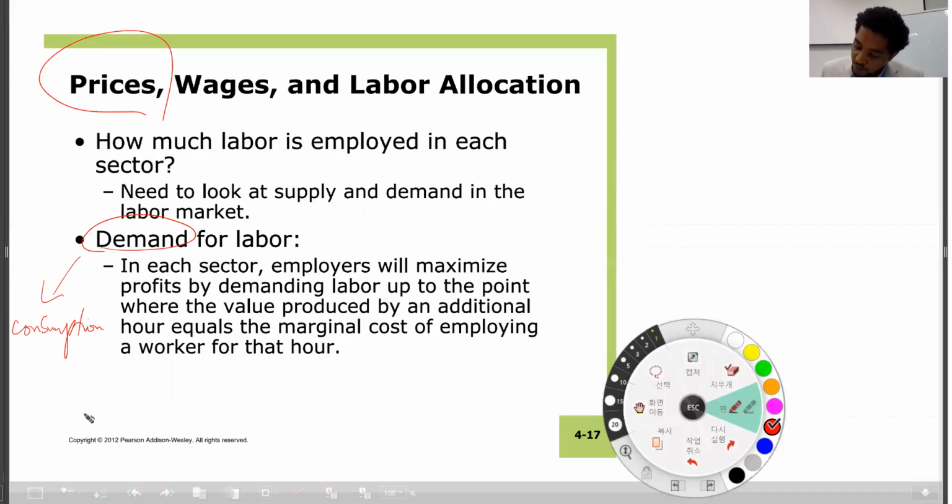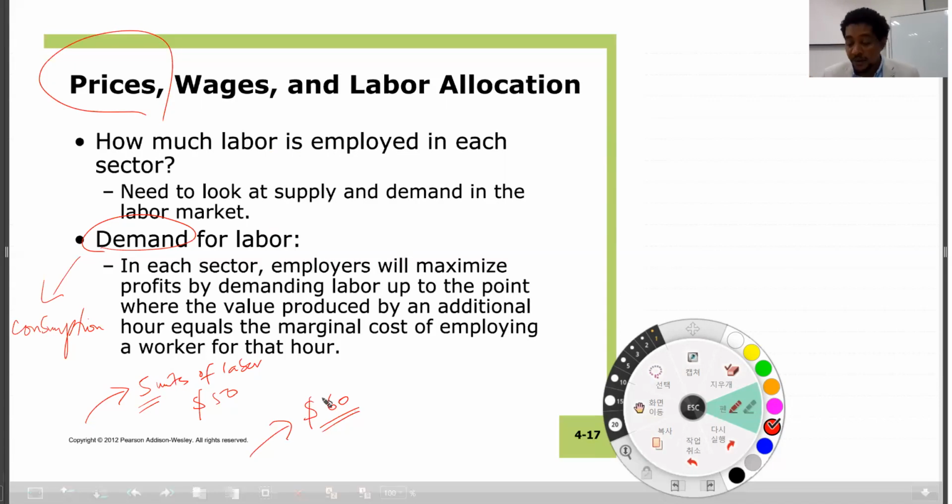So if adding 5 more units of labor has a cost of $50, and adding these 5 units of labor has created more production that has resulted in a profit of $60, then we keep on adding labor.